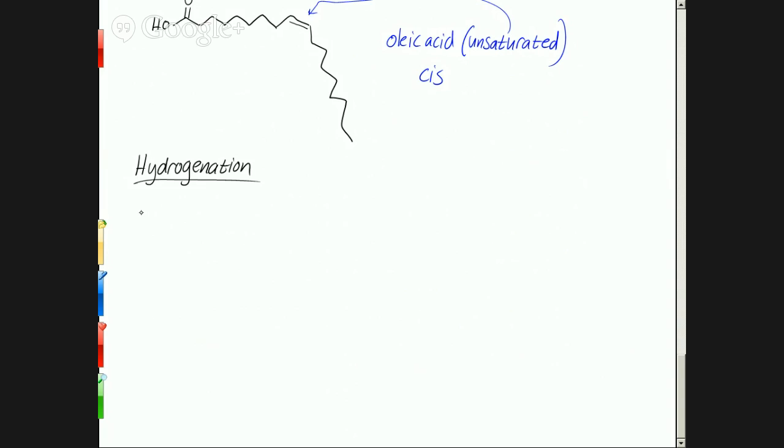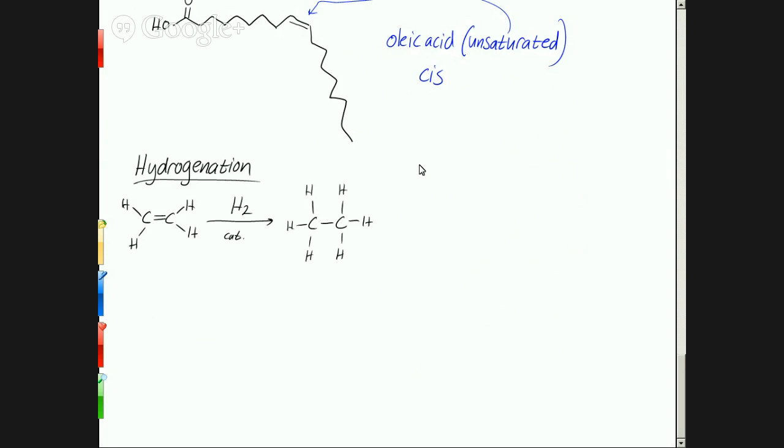In hydrogenation, you take an alkene, like we can just take ethene for now, and you react it with hydrogen, H2, and a metal catalyst, and you add those hydrogens to the molecule. So you're really turning an alkene into an alkane by adding hydrogens to it.